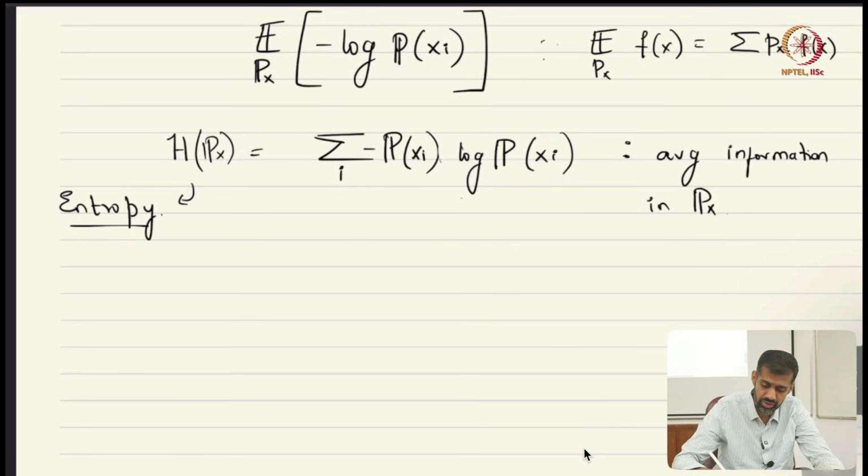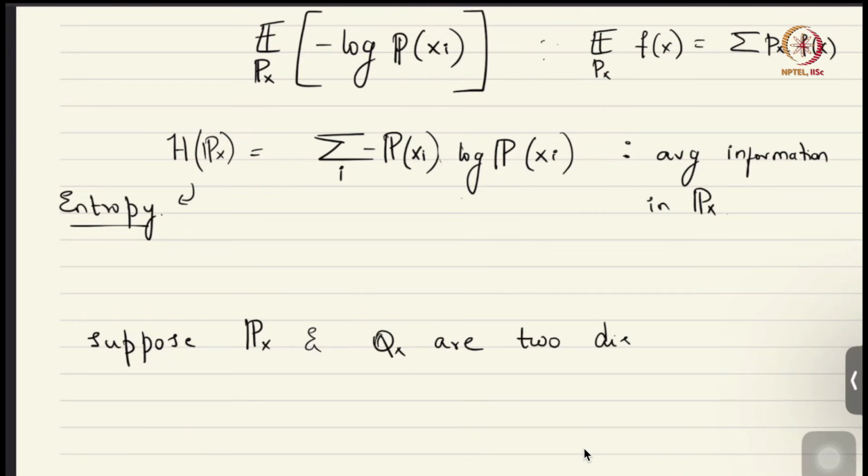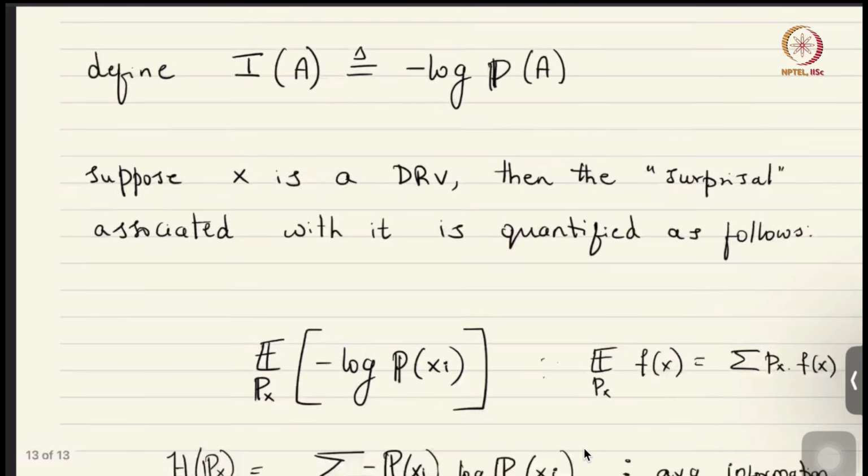Okay, suppose Px and Qx are two distributions. Actually there is a slight abuse of notation here. See here this P was probability, the probability measure.